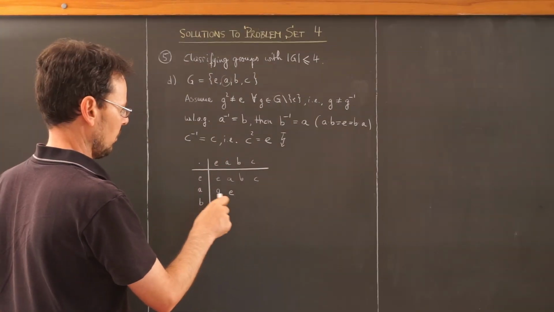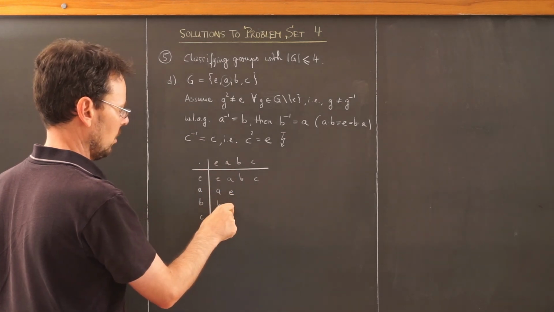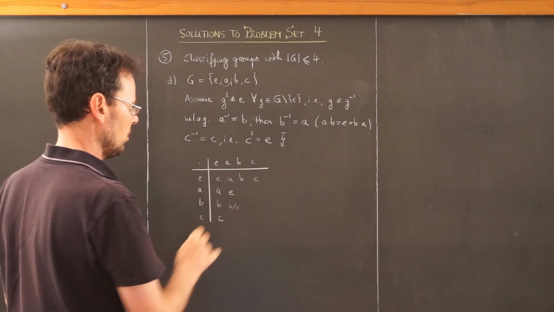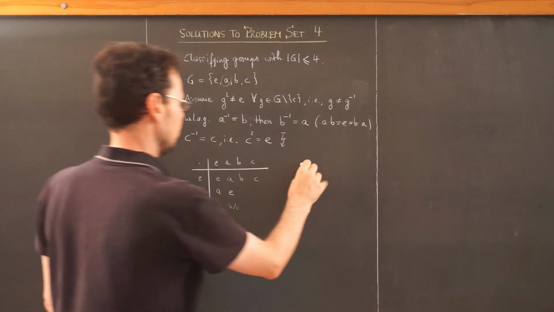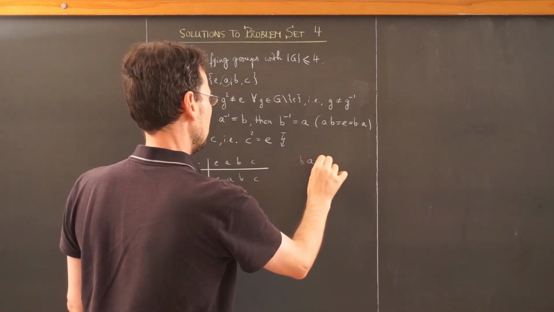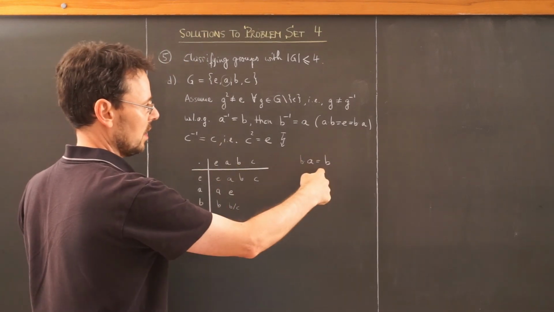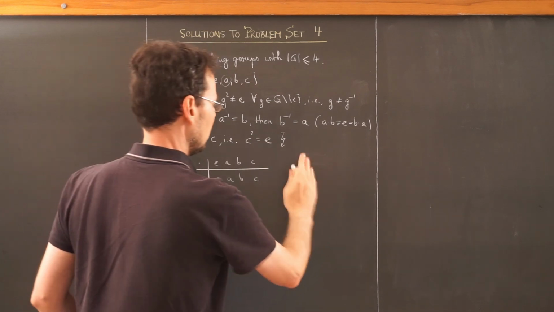Then A times B could either be B or C. Of course it can't be B, because if I had B times A equals B, then by the cancellation law this would mean A is the identity, which it is not.